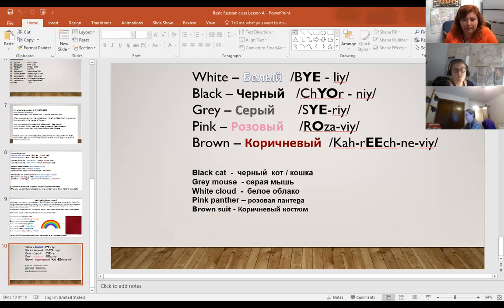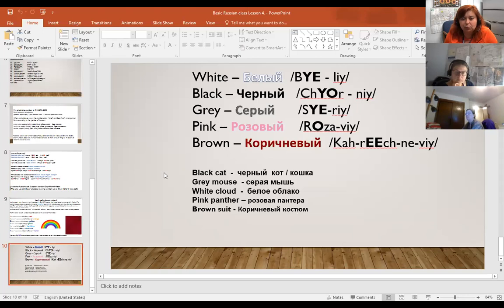In Russian, it's the same word, only the stress is different. Костюм, the last syllable is stressed, and it means any kind of suit. Could be theatrical, could be just a regular male suit, but it's still the same word.